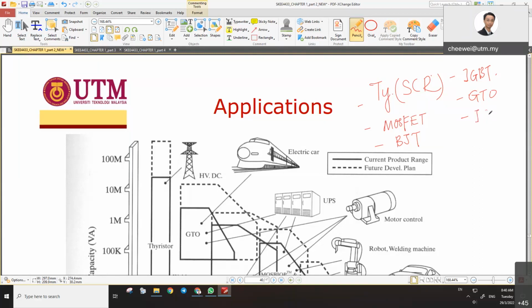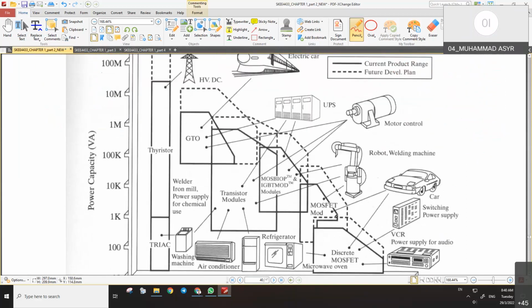IGCT. Finished? Diode. Any more? MOS control thyristor. Okay. So basically, we have listed out everything already here.